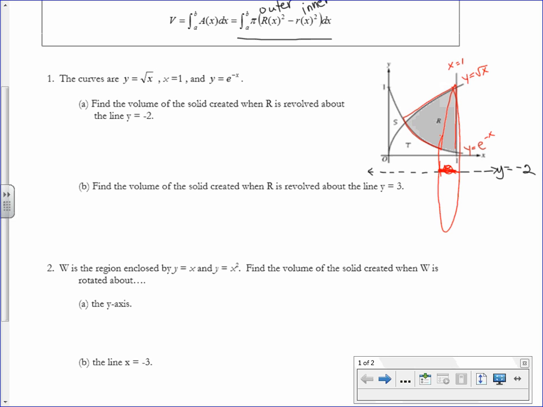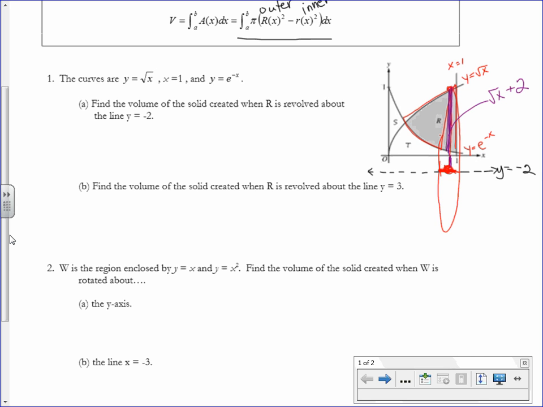So our outer radius goes from the line y equals negative 2 all the way up to the curve y equals the square root of x. Well, how long is that segment? That segment would be the distance from the x-axis to y equals root x, plus the distance from the x-axis to negative 2, which all together becomes radical x plus 2.